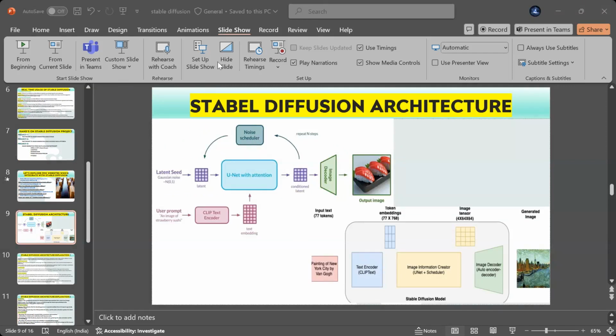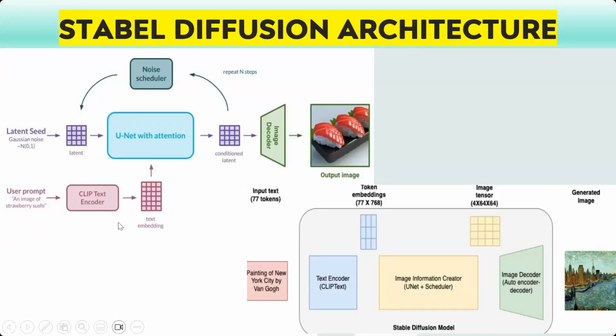Because we try to generate this image slide from the current slide. If you see this architecture of Stable Diffusion, see this, what happened here? The user enters a prompt, an image of strawberry sushi. Okay.